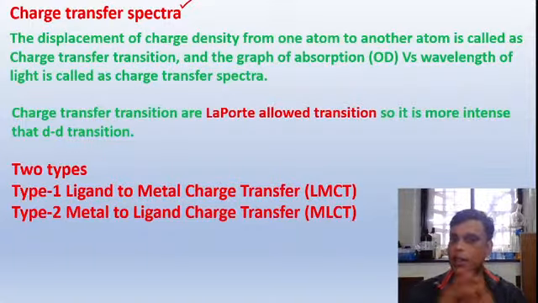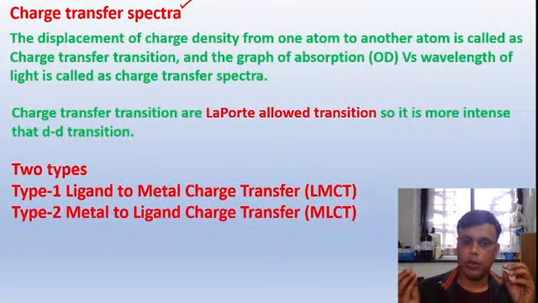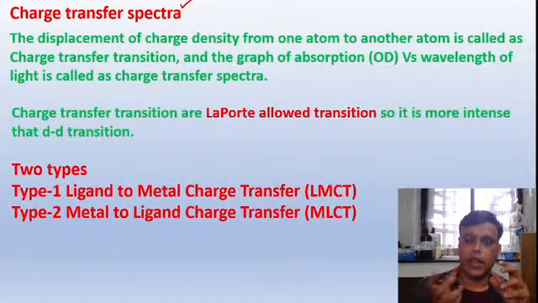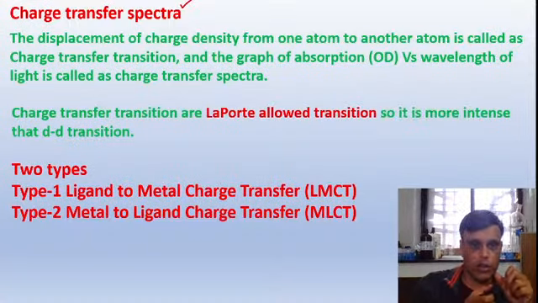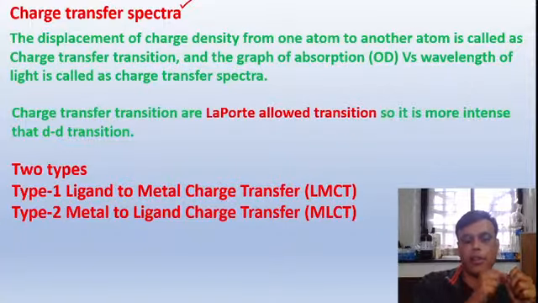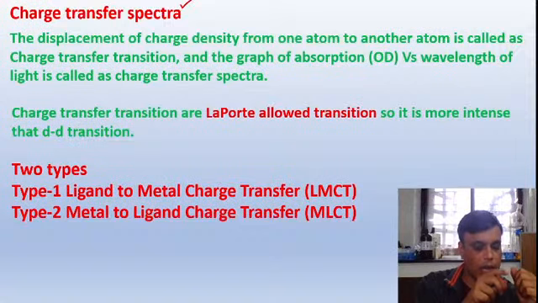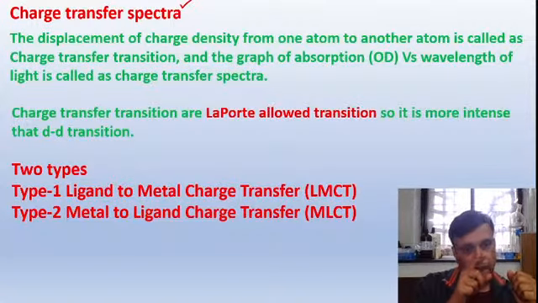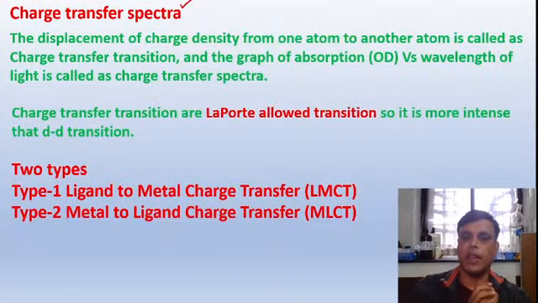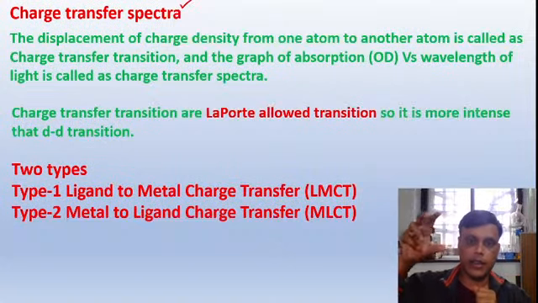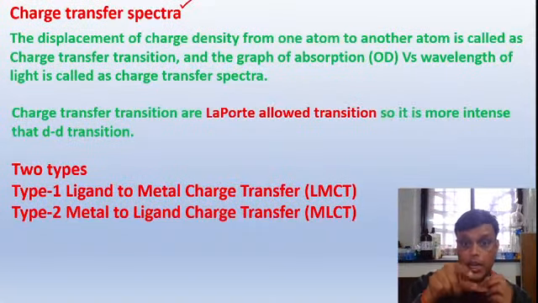So what happened, initially a sigma bond is formed, and due to the formation of the sigma bond, the metal gets extra electrons. So the metal has extra electrons, so it acquires a partial negative charge, and to neutralize that partial negative charge, the metal back donates electrons to the ligand, and the ligand takes them in its pi star orbital. That pi star is according to molecular orbital theory.